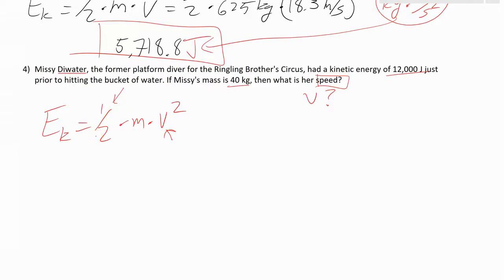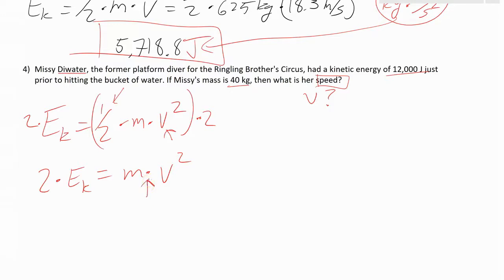The opposite of multiplying by 1/2 is multiplying both sides by 2, or you can think about it like dividing by 1/2. Dividing by 1/2 and multiplying by 2, same thing. So I'm going to multiply both sides by 2. So I end up with 2 times EK equals the mass times the velocity squared.